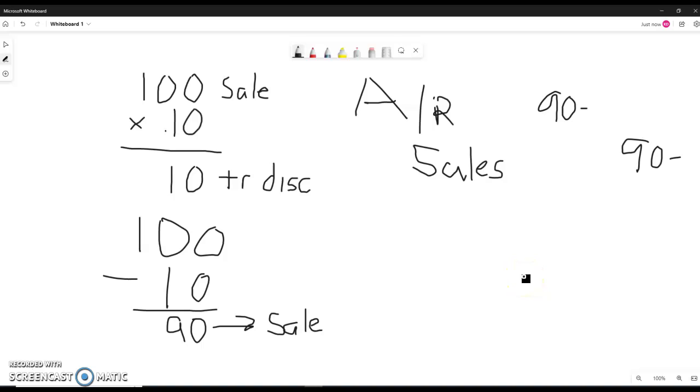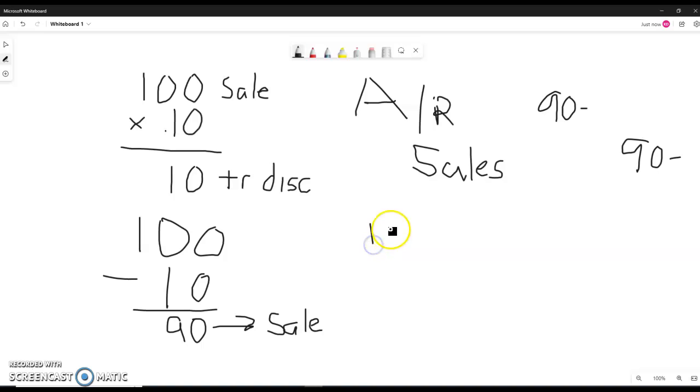Now, one way you can do this a little bit quicker is to take the complement of the discount. So the complement is what goes between that discount and 100. So if it's a 10% discount, the complement of that is 90.